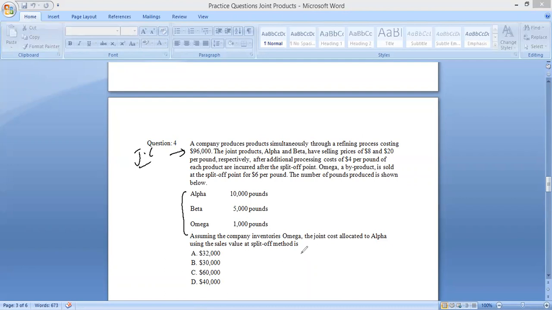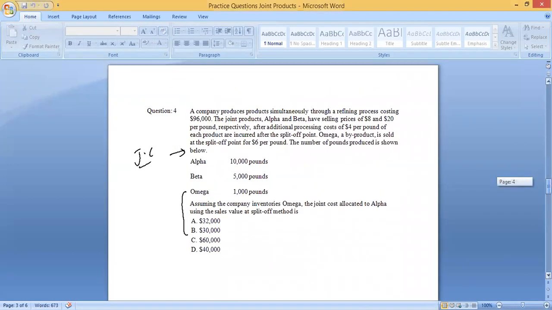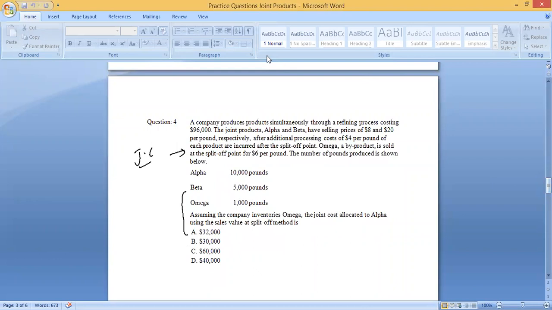Assuming the company inventories omega, what is the joint cost allocated to alpha using the sales value at split-off method? Students, as we discussed before, whenever a company is making inventory of a byproduct, the sales value of the byproduct will be subtracted from the joint cost, and the remaining joint cost we will allocate to the main products. Here, we can calculate the sales value of omega.